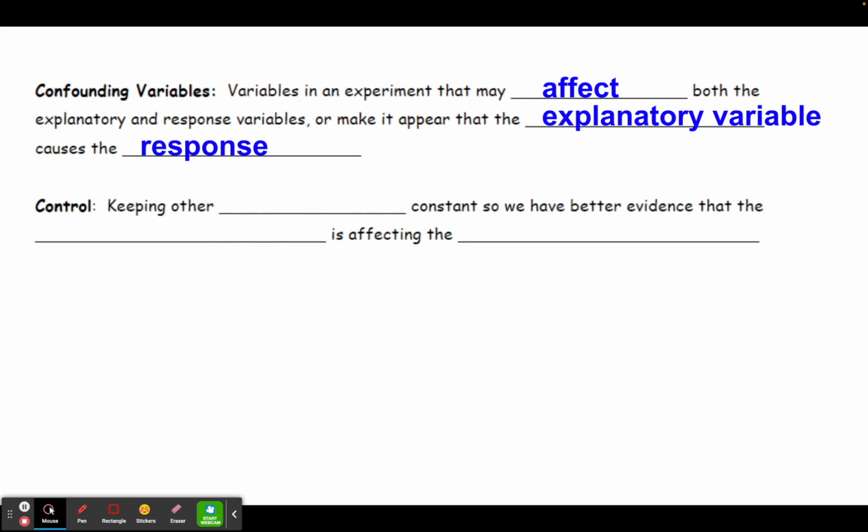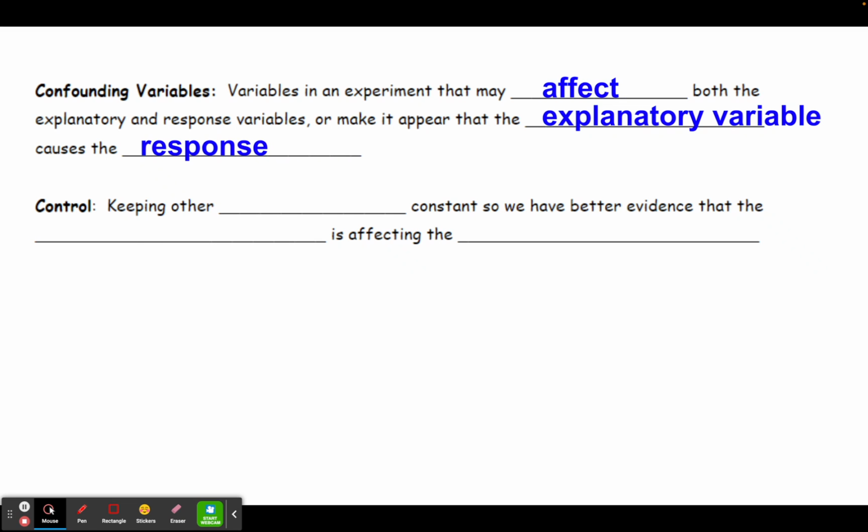So you might be tempted to conclude that selling more ice cream causes more shark attacks, when in reality, we have another variable that is affecting both of those, which is maybe something like the outdoor temperature. So as the outside temperature goes up, they sell more ice cream. And also, as the temperature goes up, more people swim, which causes more shark attacks. So even though they both change in the same way, it doesn't necessarily mean that one causes the other.